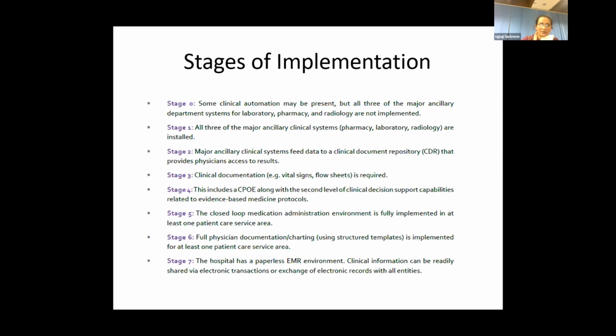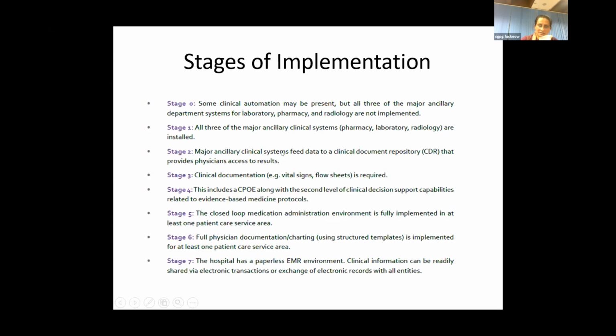And how does this staging system work? Stage 0 is that we have some computerization, but we don't have all three major basic facilities, clinical, laboratory, and radiological, on computer. When we have all these major ancillary clinical systems on computer, then this is stage 1.